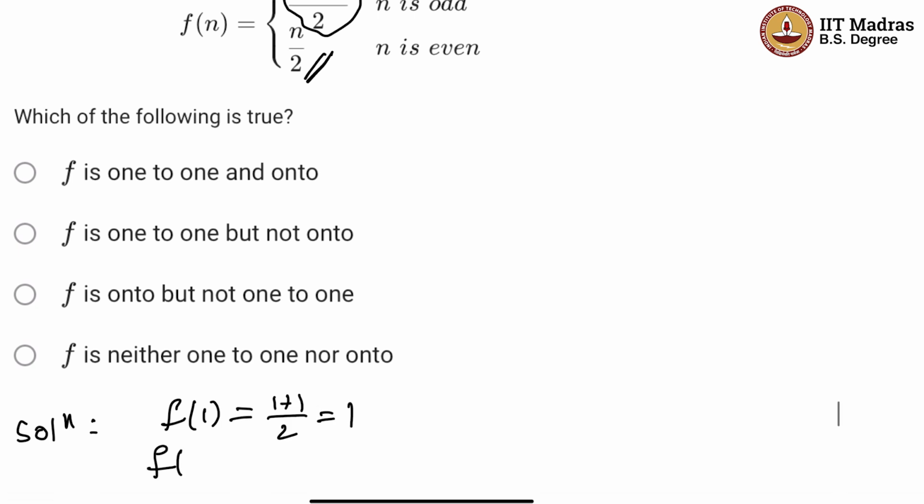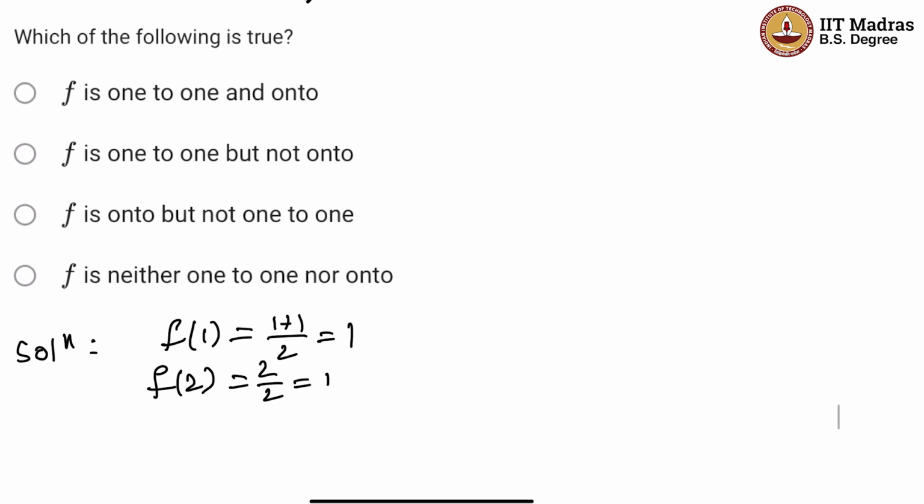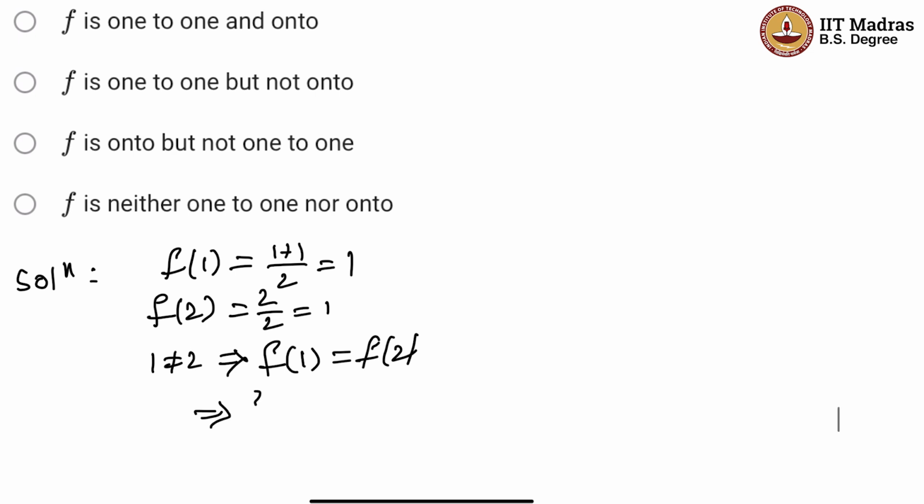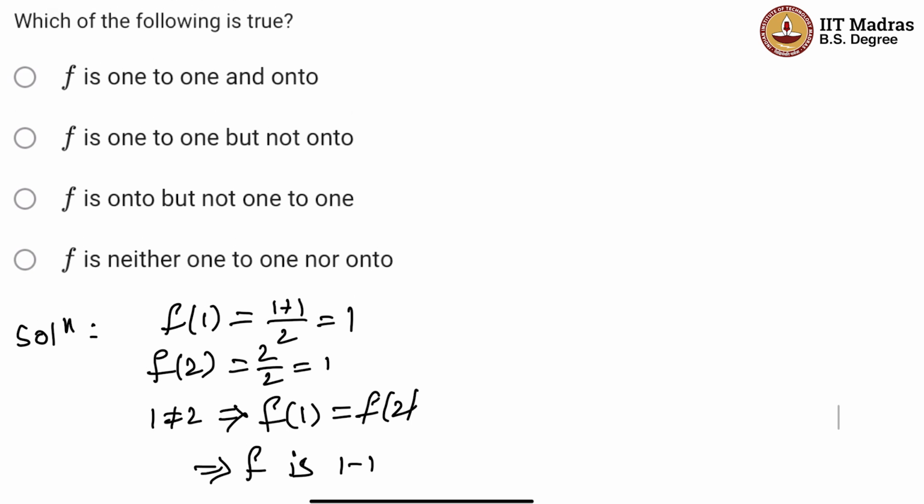And f(2) equals 2/2 equals 1, right? So 1 is not equal to 2, but we have f(1) equals f(2). Hence immediately we can imply that f is not a one-one function. Then we can discard the first option, and we can discuss the second option.